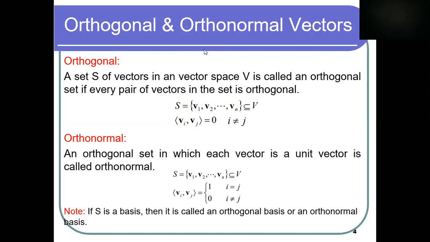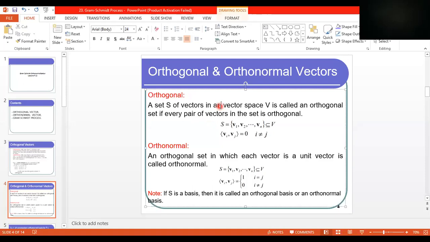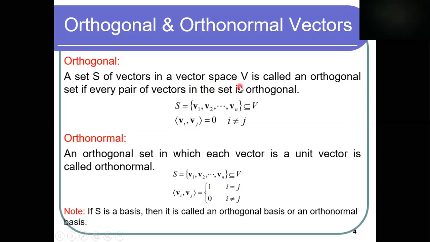If you have a set S of vectors in a vector space V, it is called an orthogonal set if every pair of vectors is orthogonal. Let us say S is a subset of V, then the dot product of Vi and Vj is zero for all i and j not equal.